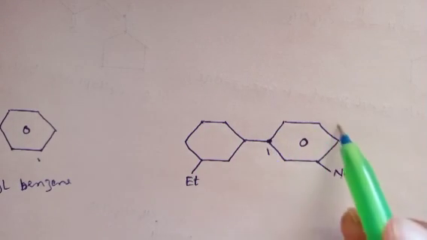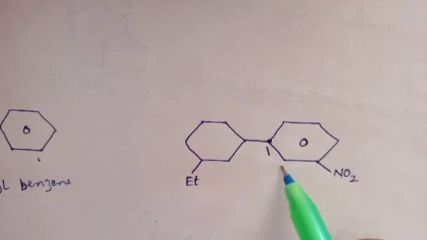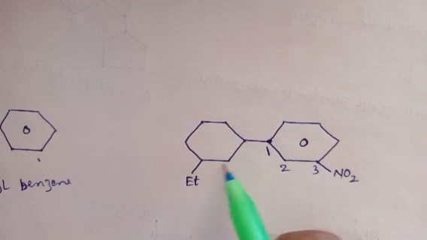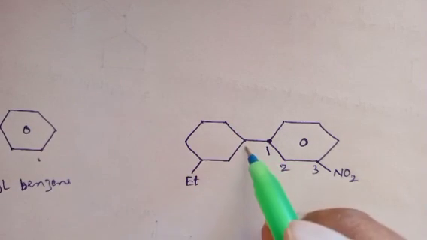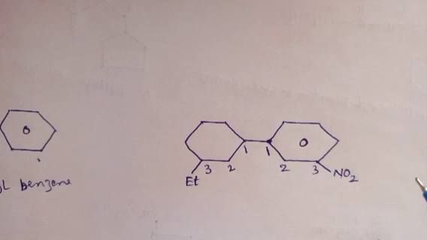Actually this is benzene; for this benzene, this is one substitution, this is another substitution, but this is the main substitution. So based on that, give the numbering 1, 2, 3. At the first position this is present, but that substitution also contains a substitution, so give numbering for the identification of that substitution.